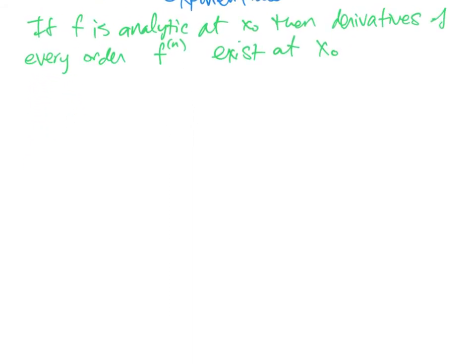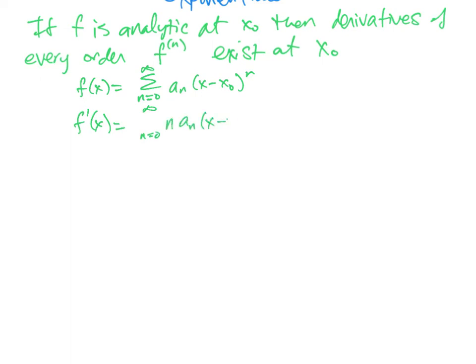So if we have f of x equals the sum from n equals 0 to infinity of a_n (x minus x naught)^n, then f prime of x is going to equal the sum from n equals 0 to infinity of n a_n (x minus x naught)^(n minus 1).